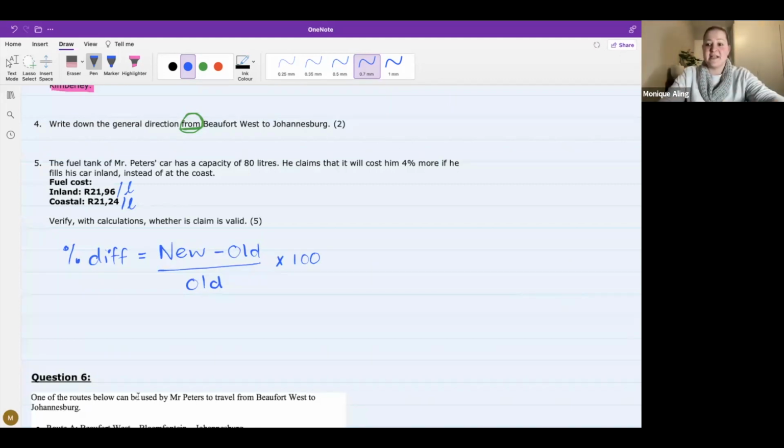Okay, so like I've said in previous lessons, whenever we're trying to work out a percentage increase, percentage decrease, percentage difference, percentage profit, percentage loss, we can use this formula. So whenever we're working out a change in percentage, we can use this formula.